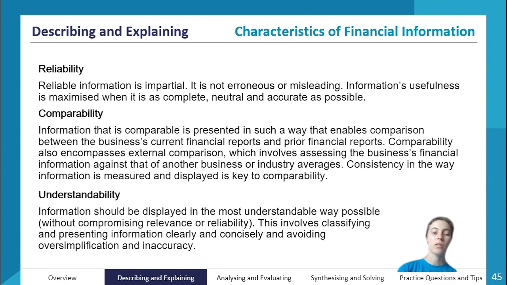External comparison is going to involve assessing the business's financial information against other businesses or industry averages or benchmarks. So consistency in the way information is measured and displayed is really key to comparability, because if it's inconsistent, then you can't compare it.